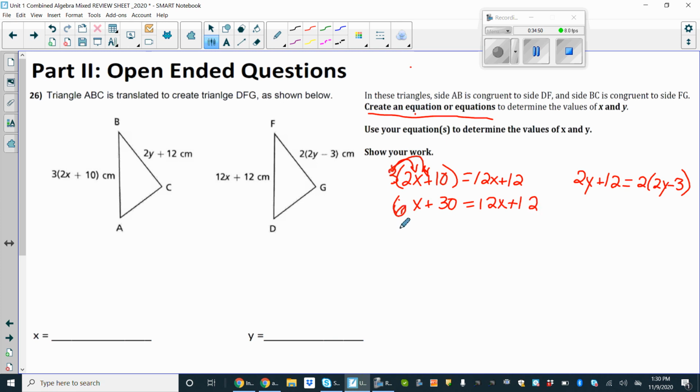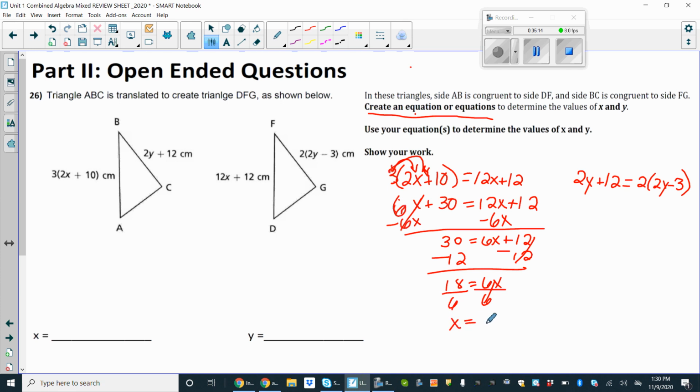Then we have to subtract 6x on both sides because we need to combine the x's and they're on opposite sides. And we're left with 30 equals 6x plus 12. Subtract 12 on both sides. And we're left with 18 equals 6x. Divide by 6. Divide by 6. X equals 3.